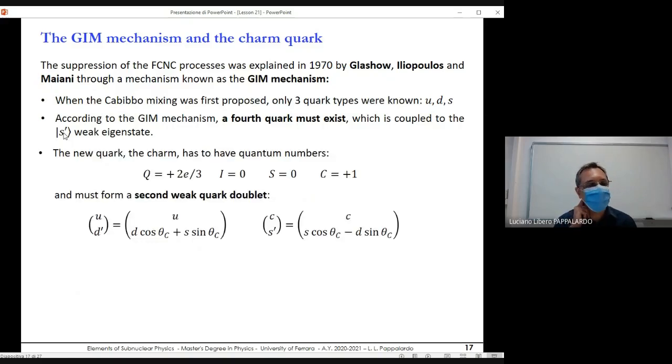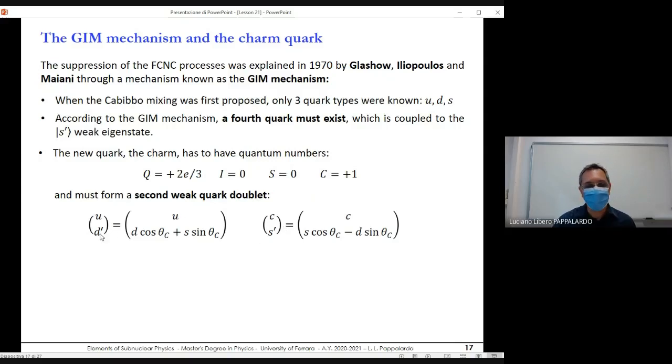So according to their prediction, the new quark that they called the charm, as you know, has to have the following quantum numbers. The charge is fractional, 0 isospin, 0 strangeness, and charm +1. And the crucial point is that it has to form a second quark doublet together with the s prime weak eigenstate.